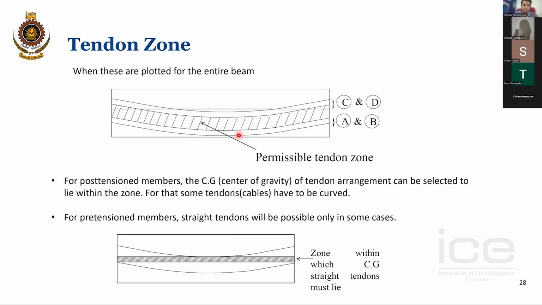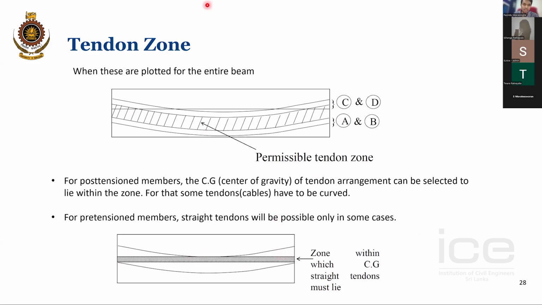So that means if you want to apply a straight tendon like this, it should be within this zone. At the center or midspan as well as at the two ends, the tendon lies within this permissible tendon zone.